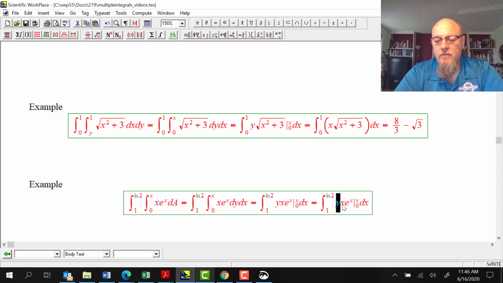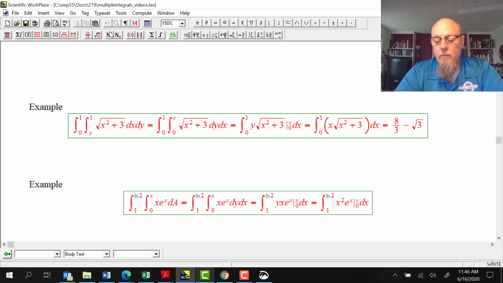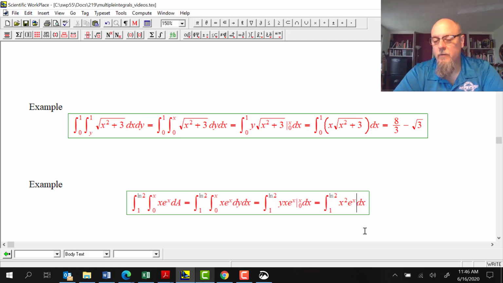So when I sub in x, that's going to be x squared. And when I sub in 0, it's just going to be 0. So it's a matter of doing this integration. And that's regular single variable calculus integration.